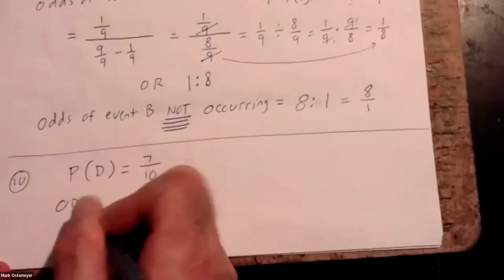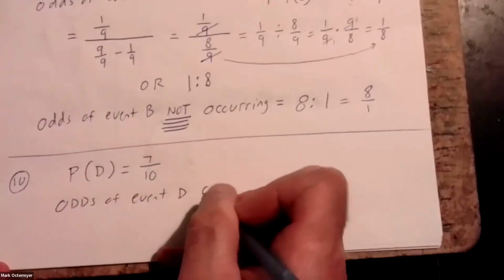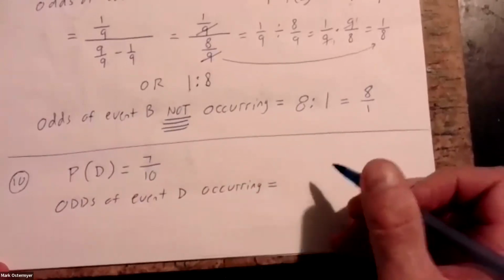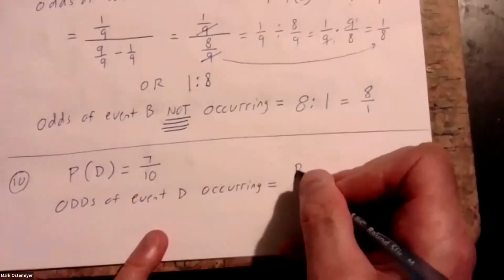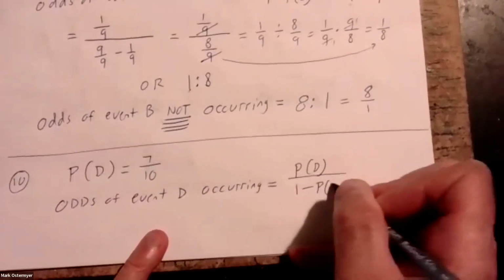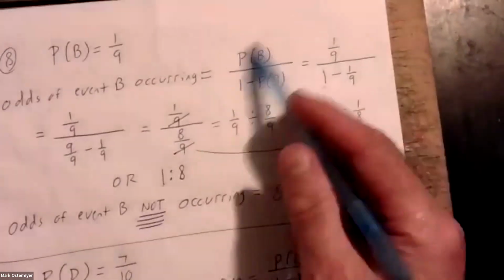Well, the odds of event D occurring would be equal to the probability of event D occurring divided by 1 minus the probability of event D occurring, just using the same old formula that we used above here.